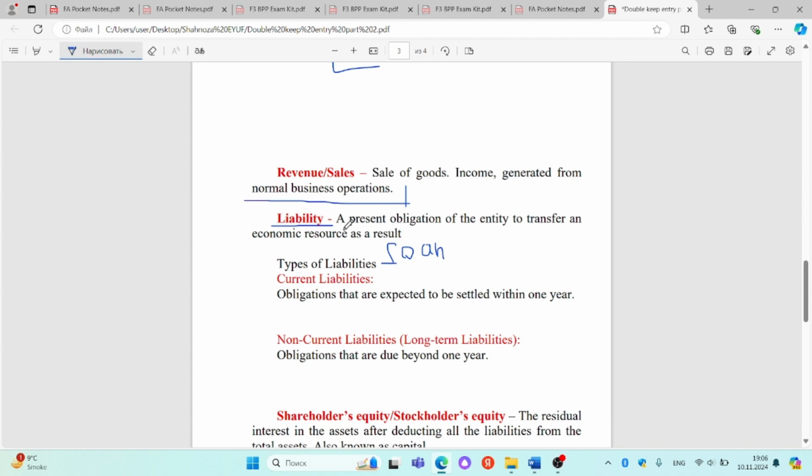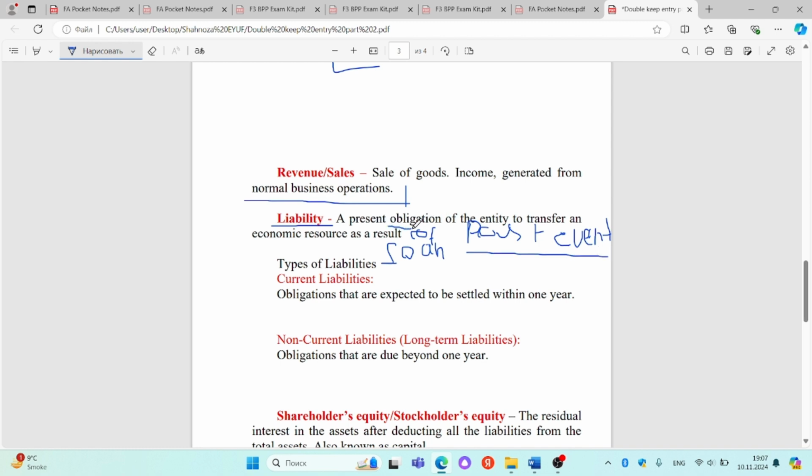Liability is a present obligation of the entity to transfer an economic resource as a result of past events. What does it actually mean?